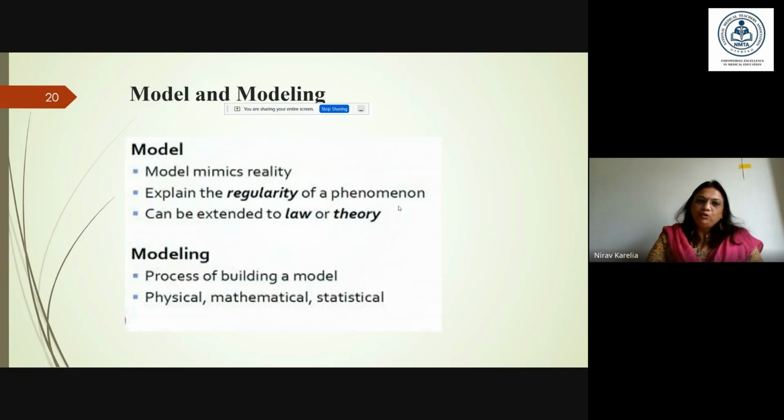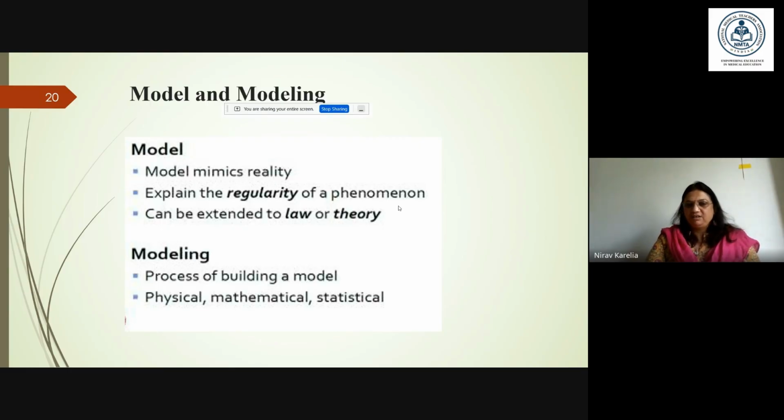Now, all of you know today's topic is model and modeling. I want to highlight the difference between model and modeling. A model is something that mimics reality, explains some pattern or regularity of a phenomenon or data, and can be extended into a law or theory.